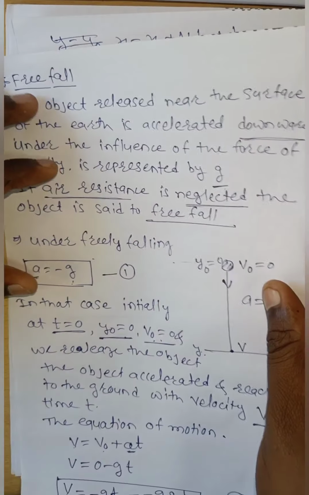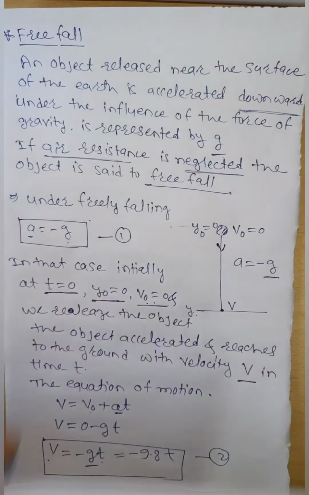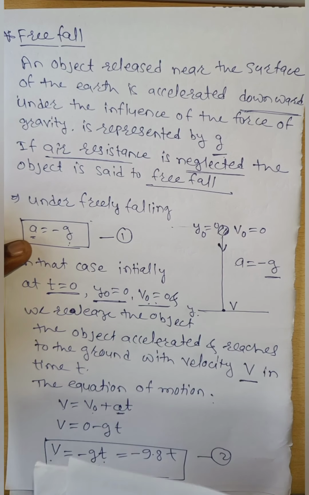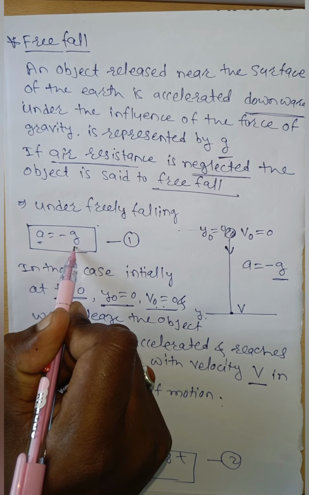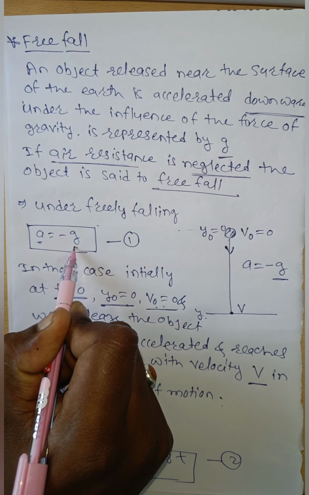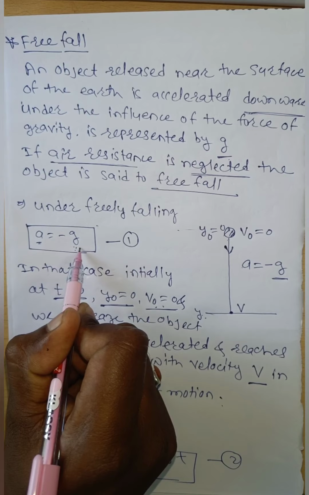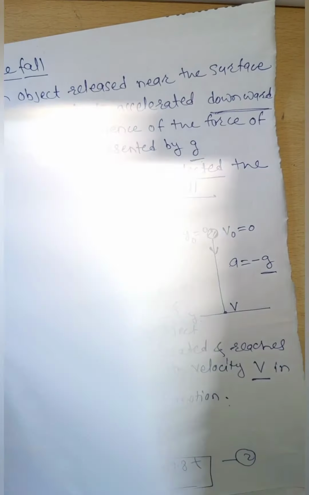We will draw the graphs one by one. First, acceleration due to gravity is always minus g, whatever the time is, so the acceleration versus time graph looks like this.